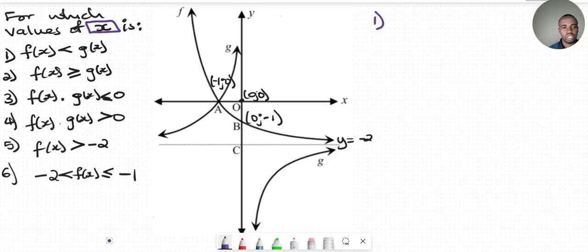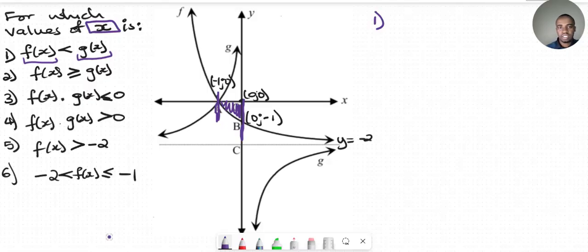Let us go to the Cartesian plane and look for where the graph of f is below the graph of g of x. My f of x is below in this region here, which is point A. You see the graph is going below, and then from 0, which is our asymptote, the graph starts to be above, if you look at it carefully.